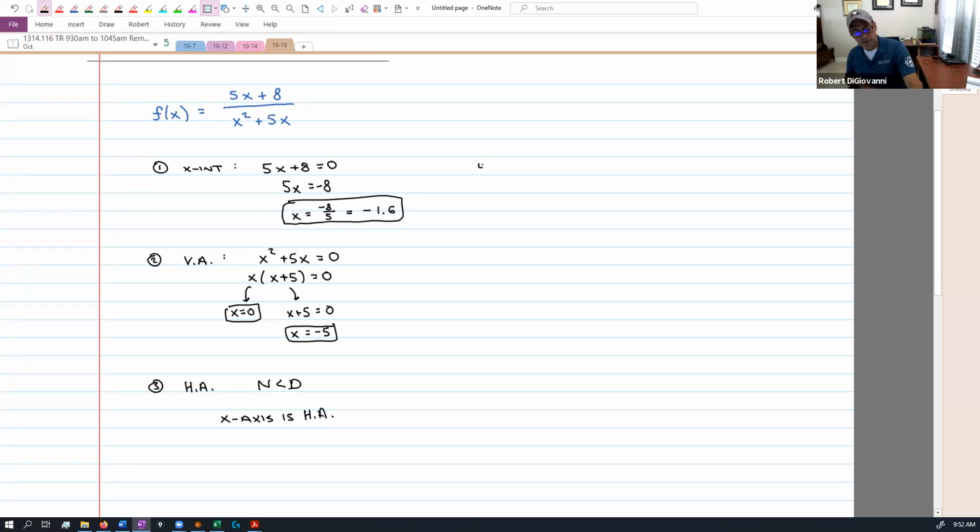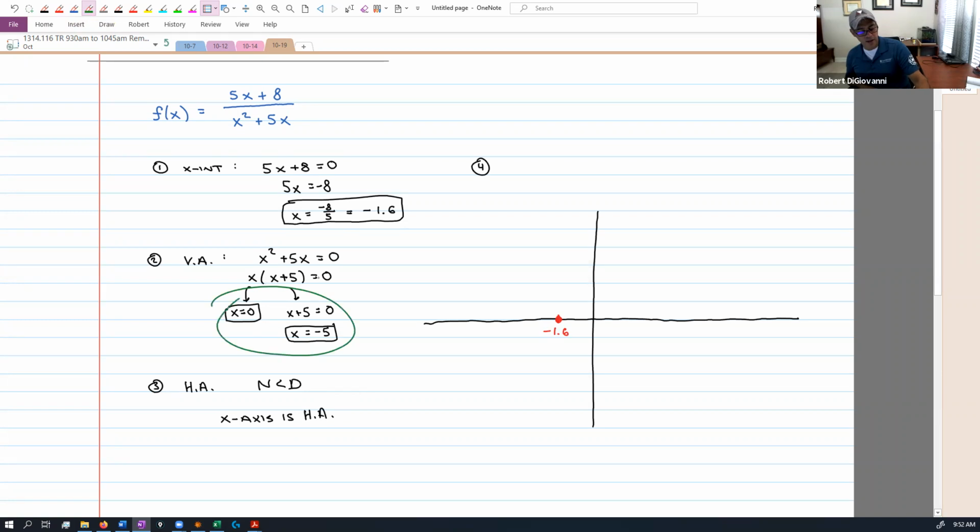The fourth step is to draw my picture. If I'm going too fast, let me know. -1.6, I have an x-intercept. At 0 and -5, I have vertical asymptotes.